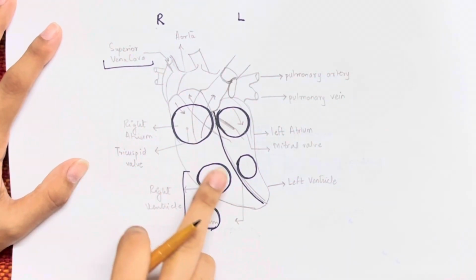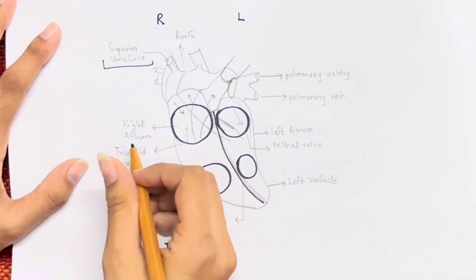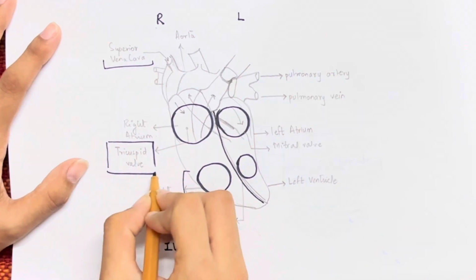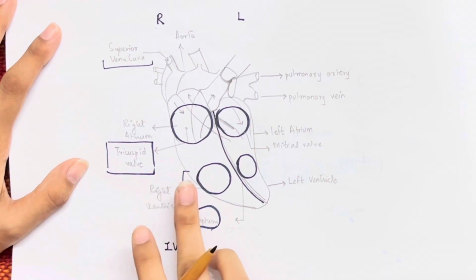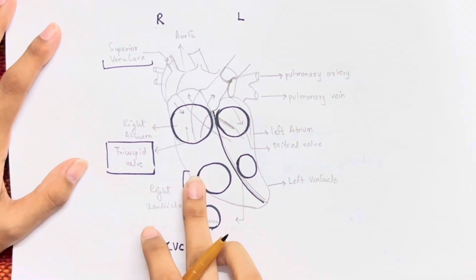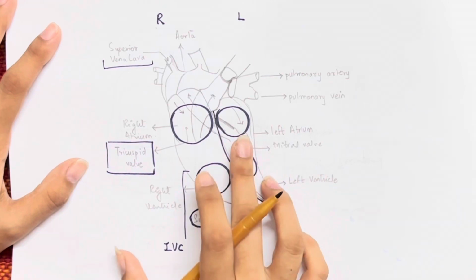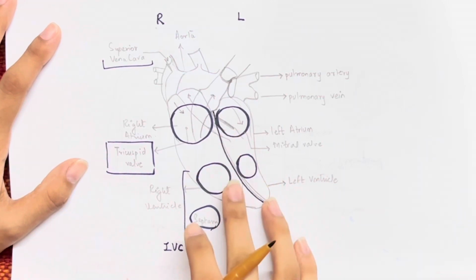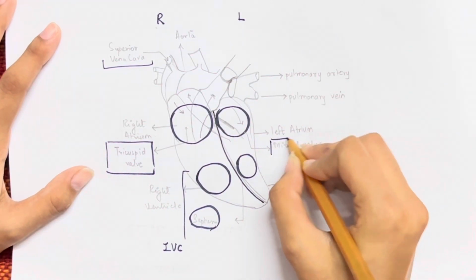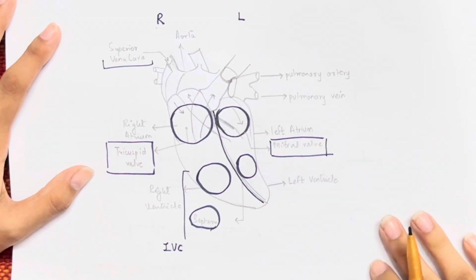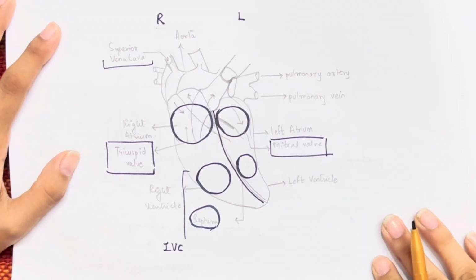Between the right atrium and the right ventricle, there is a valve termed the tricuspid valve. This tricuspid valve is present between the two chambers and it prevents the backflow of the blood. On the left side of the heart, there is also a valve between the left atrium and the left ventricle. That valve is termed the mitral valve, and it has a similar function, to prevent the backflow of the blood.